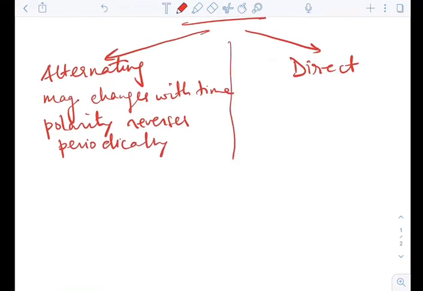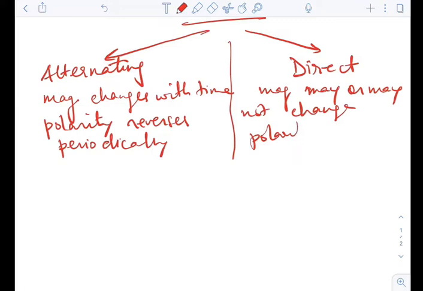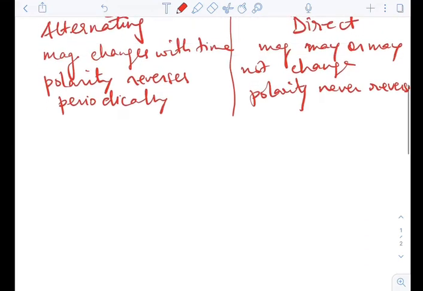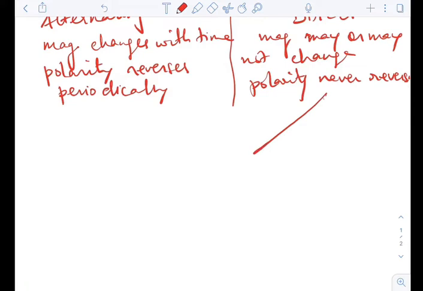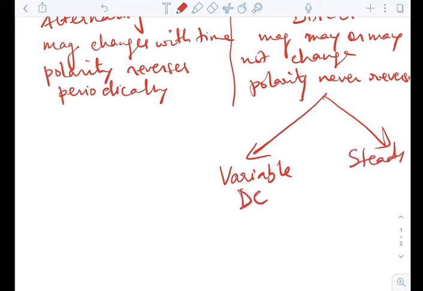Direct current is the current whose magnitude may or may not change, but polarity never reverses. Okay. Direct current is further subdivided into two parts: variable direct current and steady direct current.